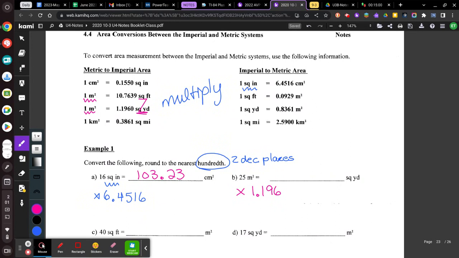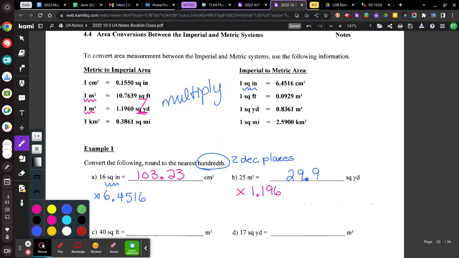We don't need to put the 0 on the end. So we need to multiply by that. That's going to give us the answer of 29.9 yards squared.